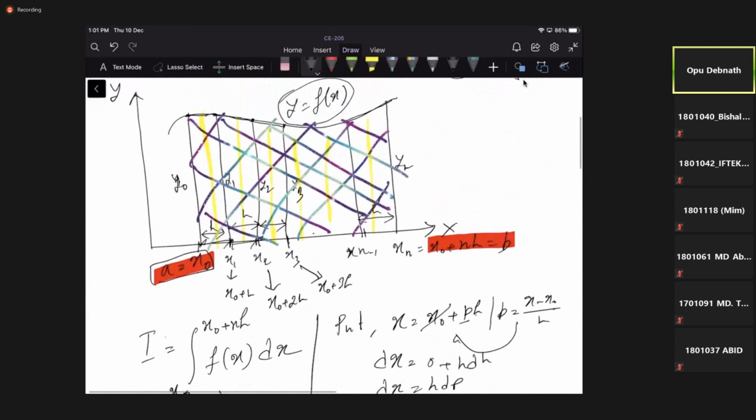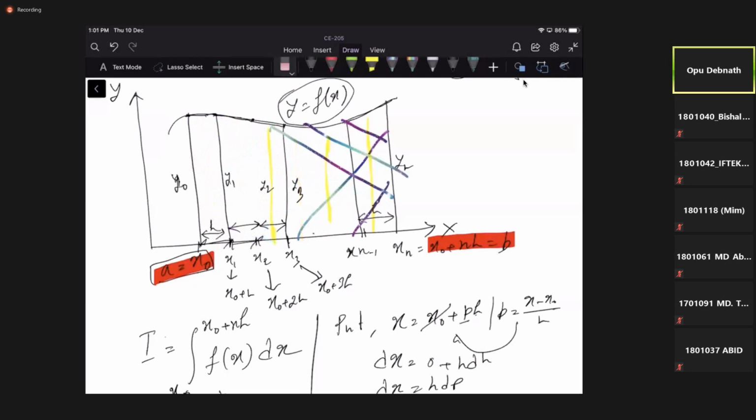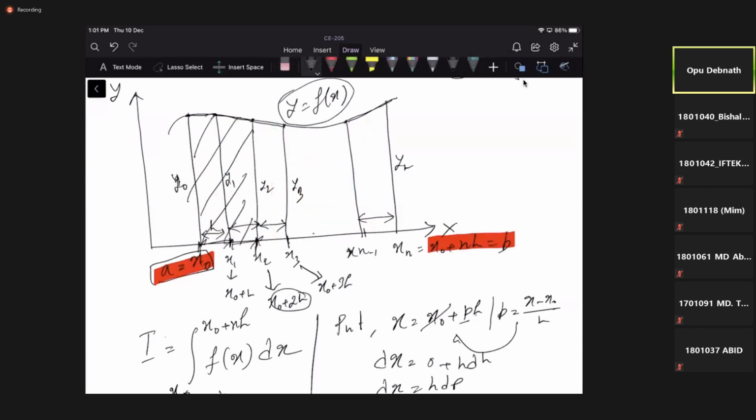Here I just want to remove something, so it will be easier for all of you to remember. In this case we consider two strips at a time, that means x0 to x2, x0 plus 2h. At the first step you add these two strips and then another two strips like this.